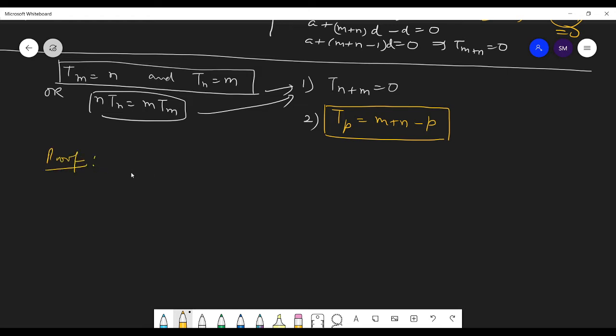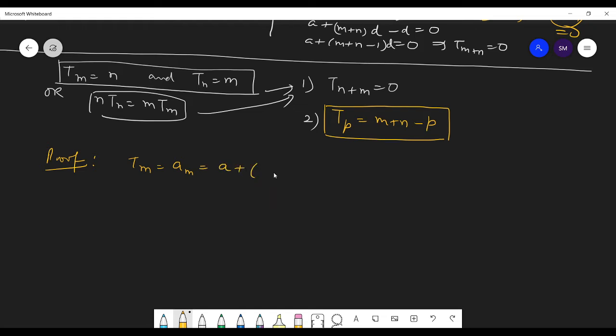So students, proof of this. So again you have, what will be your mth term? Yes, you can also write it as am also. That's the same thing. What will it be?